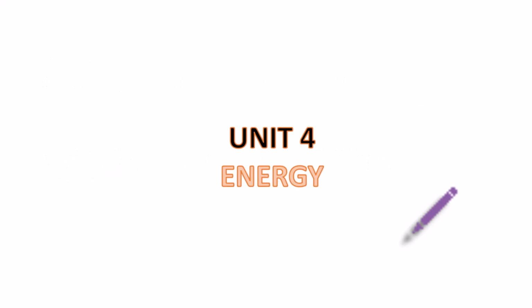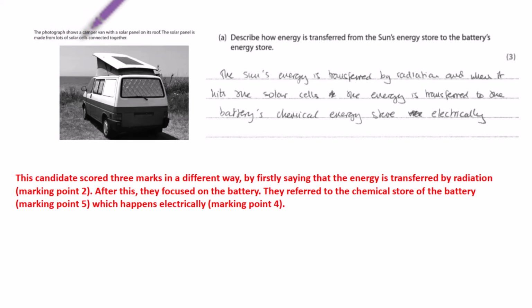Next, let's move on to energy and energy resources, Unit 4. Describe how energy is transferred from the sun's energy store to the battery's energy store. So the photograph shows a camper with a solar panel on its roof. The solar panel is made from lots of solar cells connected together. All right.